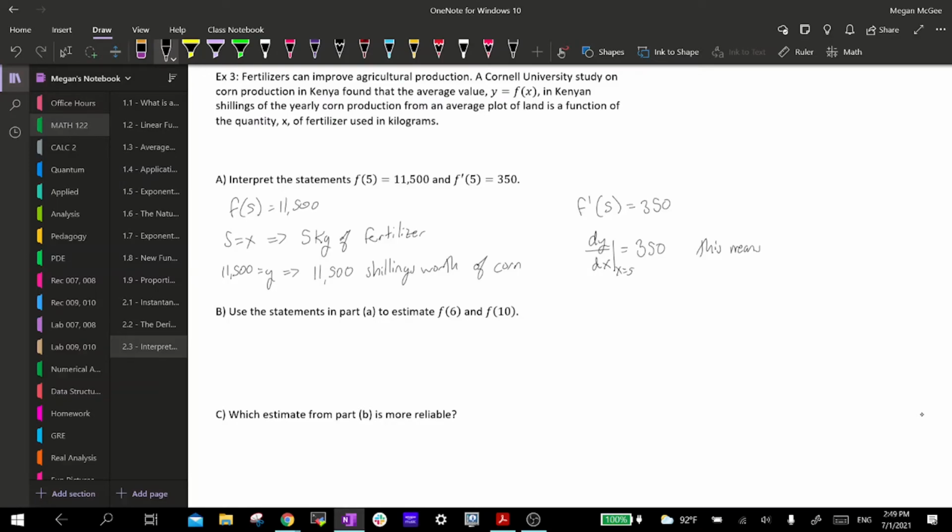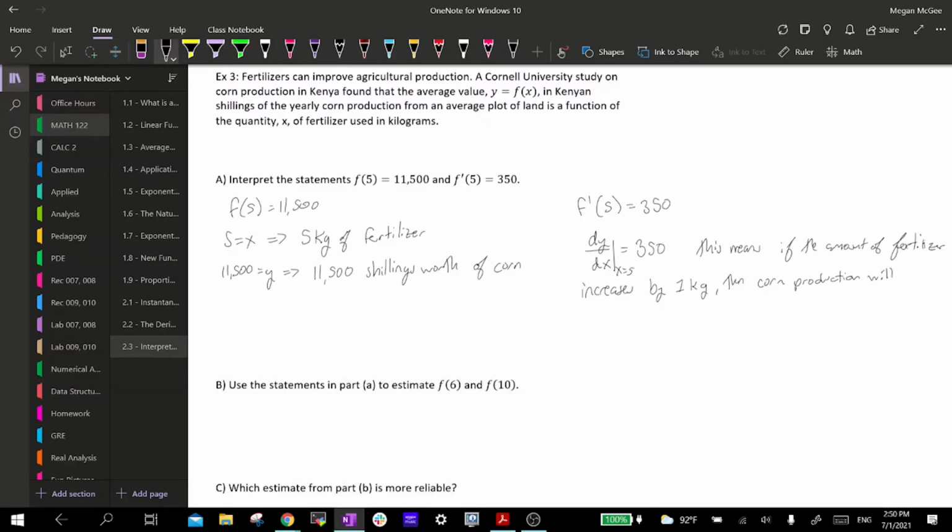This means that if the amount of fertilizer increases by 1 kilogram, then corn production will increase by 350 shillings.